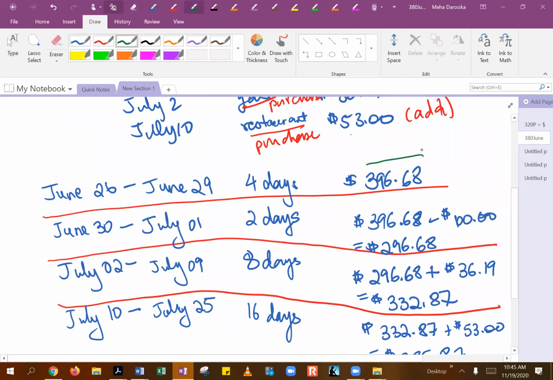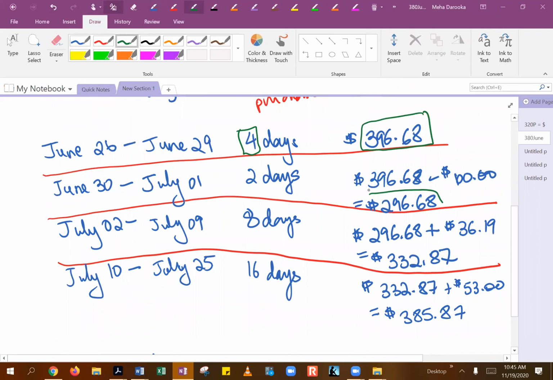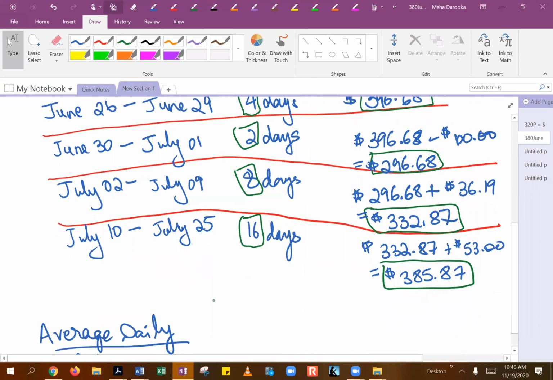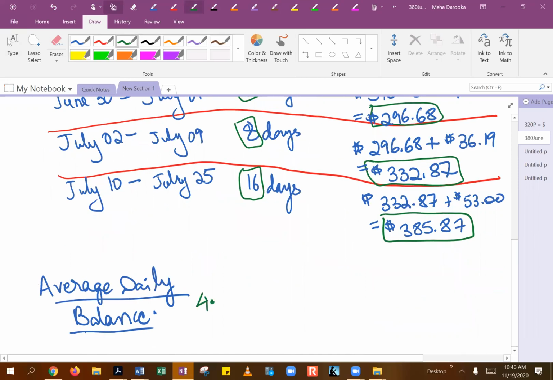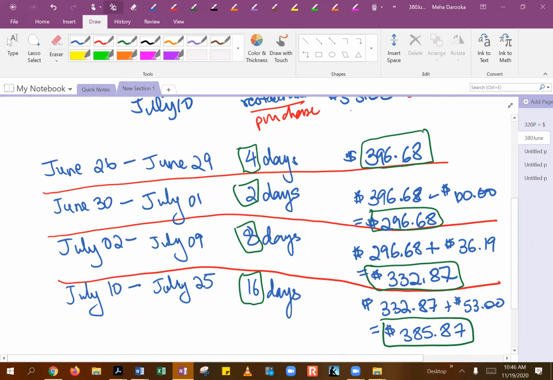So you're going to take your dollar amount and multiply it by the number of days our balance stayed at that dollar amount. So you're going to take each one of these dollar amounts and multiply it by the days. And then we're, of course, going to add up everything together. So each one of these dollar amounts has to be multiplied by their days. So let's see, we're starting out with 4 days at $396.68.